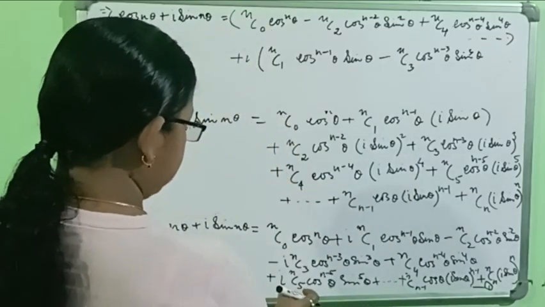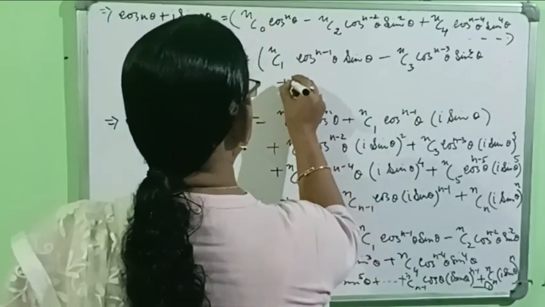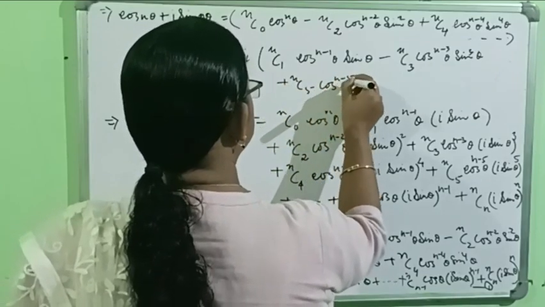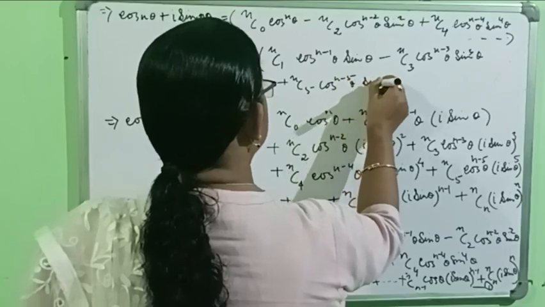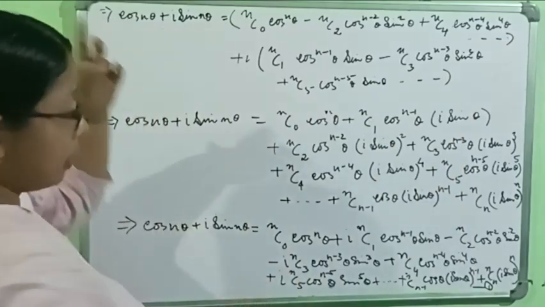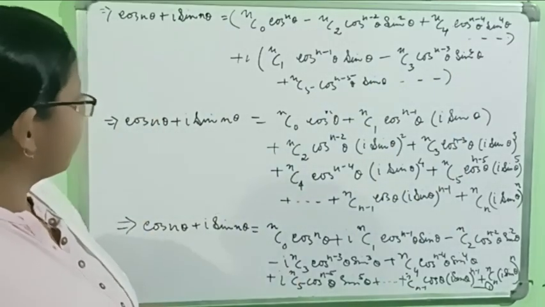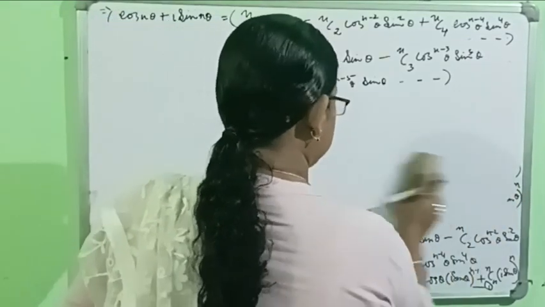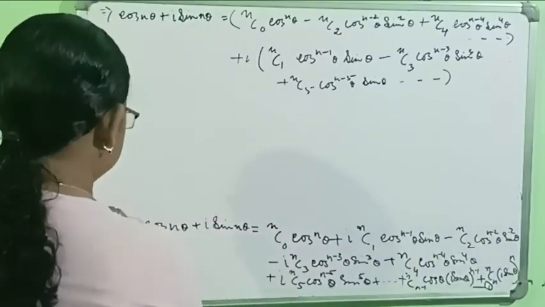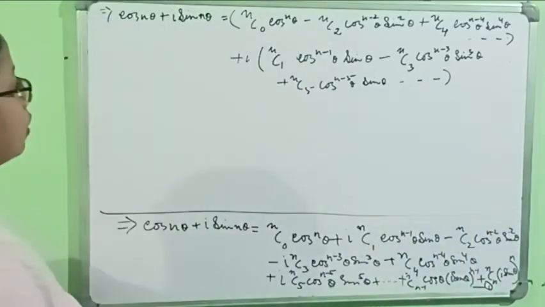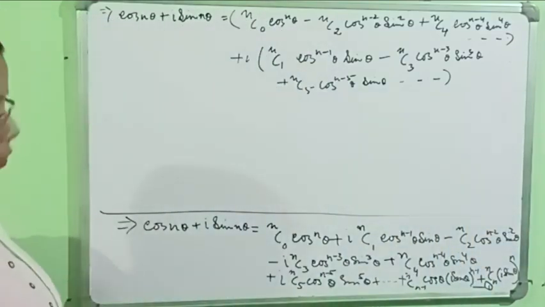Then the fifth one, plus nC5 cos^(n minus 5) theta sin^5 theta. I'm not going to wrap this one; I will use this in the subsequent stage.